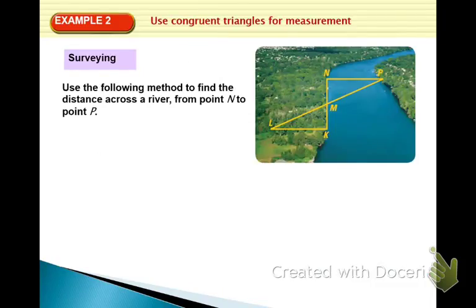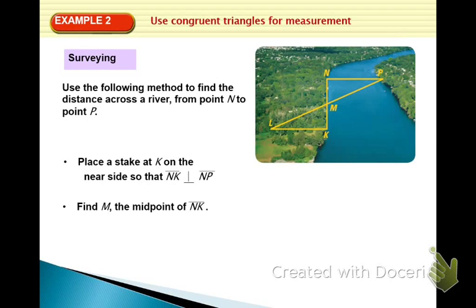Surveying. Use the following method to find the distance across the river from point N to point P. Okay, we can measure on the land, but we can't measure across the river. So we're going to place a stake at K on the near side, so NK is perpendicular to NP. Let's see what all our givens are first, and then we'll mark it.